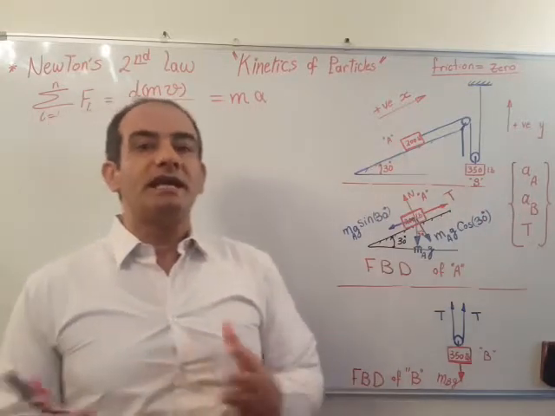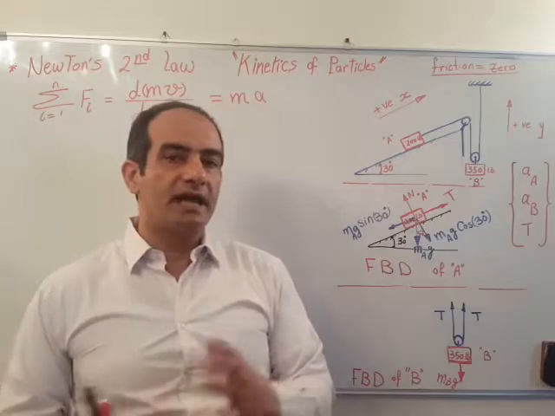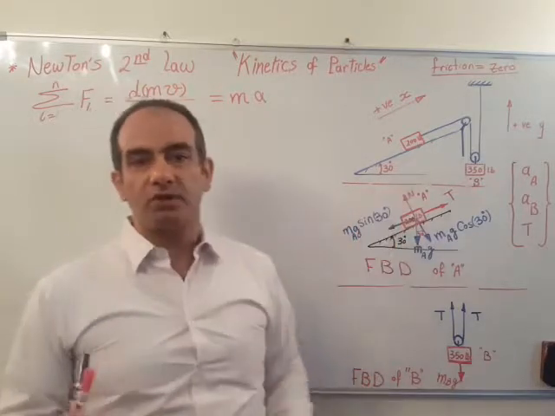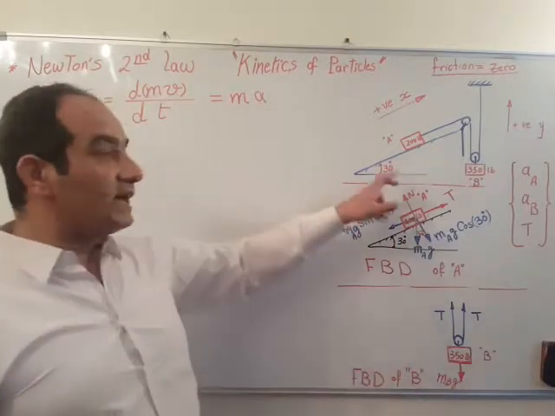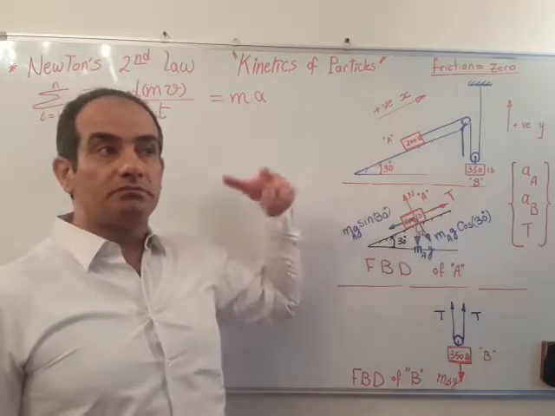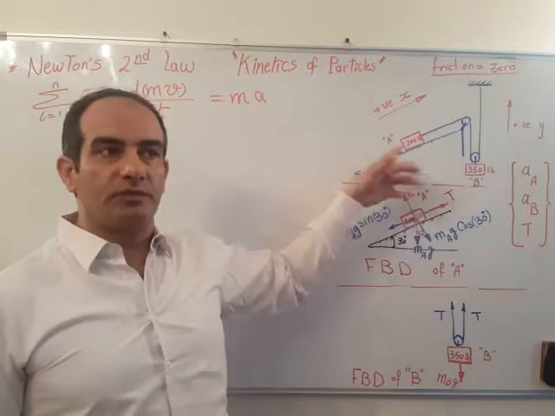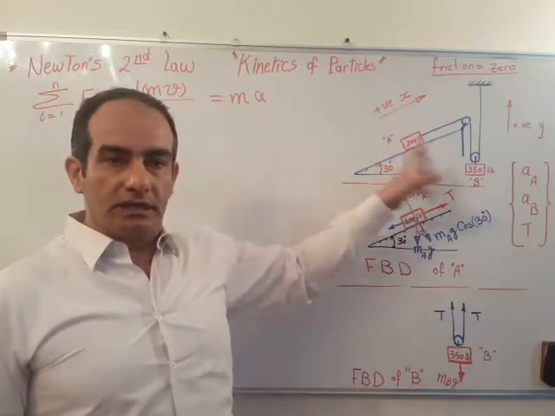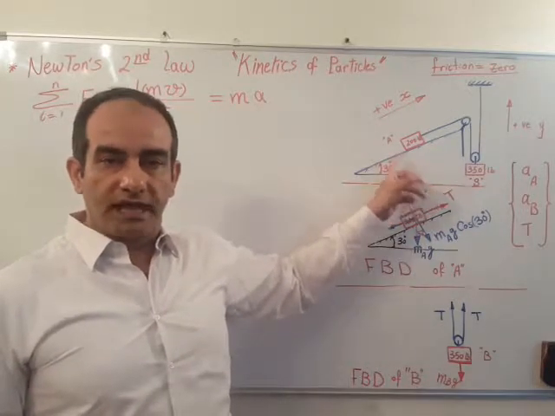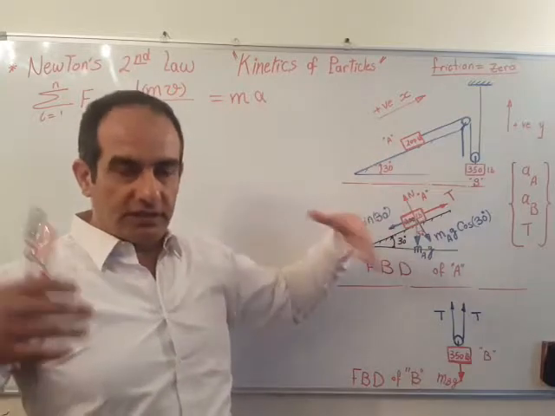So how can we make an approach to resolve this problem? In this kind of problem, with two masses, each mass is subjected to different forces, and each mass has a different acceleration and different velocities and so on.